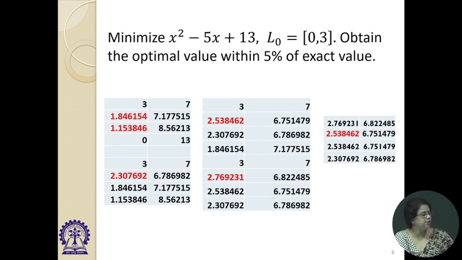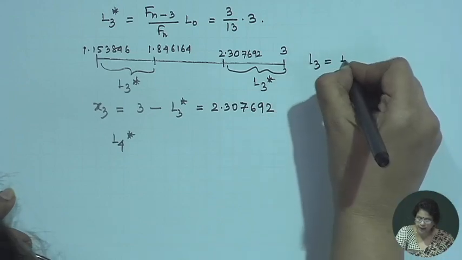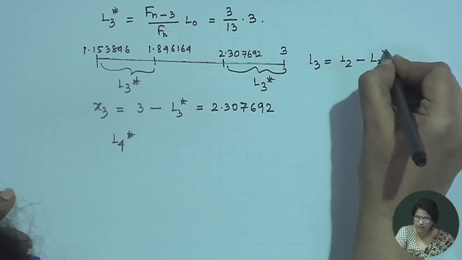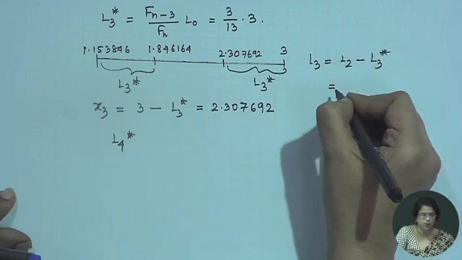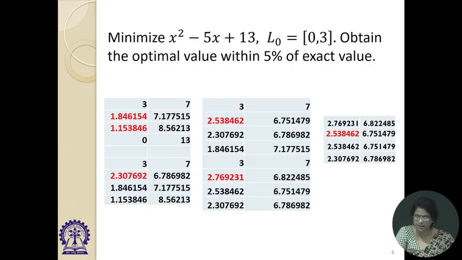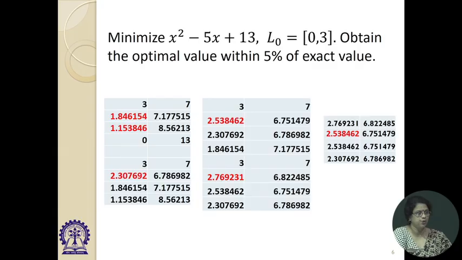That is why the new interval of uncertainty would be 3 to 1.846154, and this size, L3, would always be equal to L2 minus F3 star. This will always be equal to whatever L2 value I had previously, minus this. You check it. Alright, this is the value you need to check.